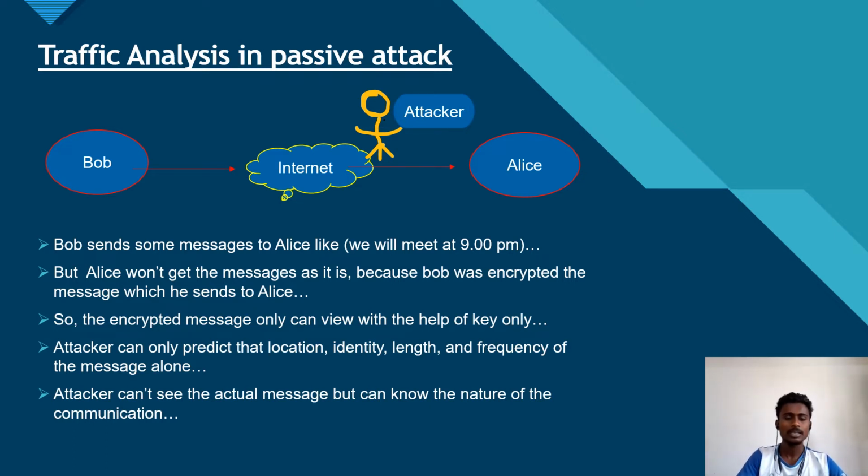But Alice, as the receiver, won't get the message as it is, because Bob encrypted the message which he sends to Alice. The encrypted message can only be viewed with the help of a key. But the attacker can predict the location of the message, the identity of the message, the length of the message, even the frequency of the message. The attacker cannot know the actual message which Bob sends to Alice, but he knows the nature of the communications. This is the scenario of traffic analysis in passive attack.